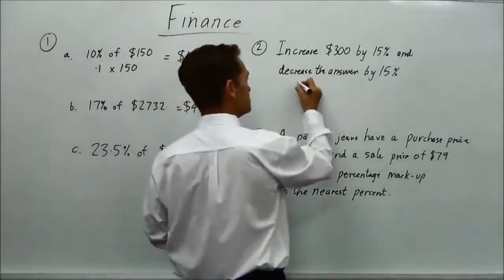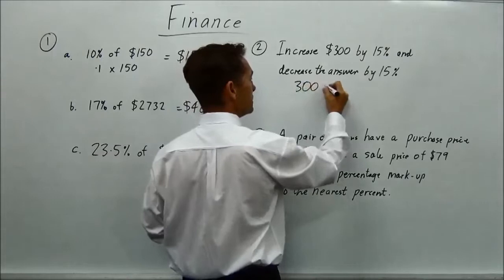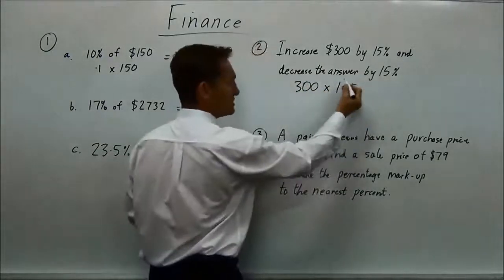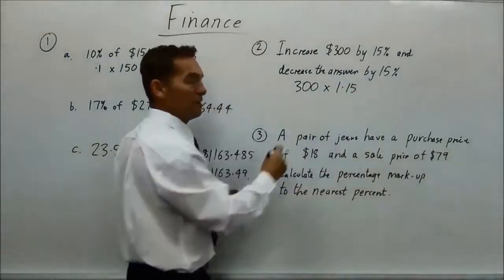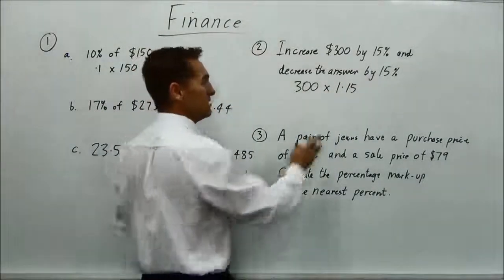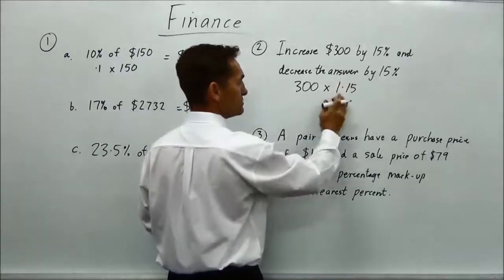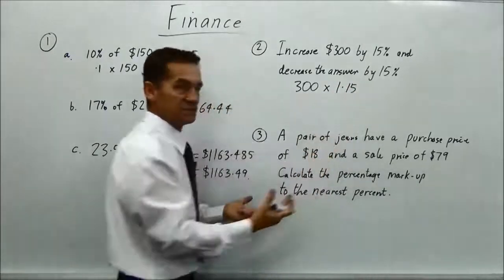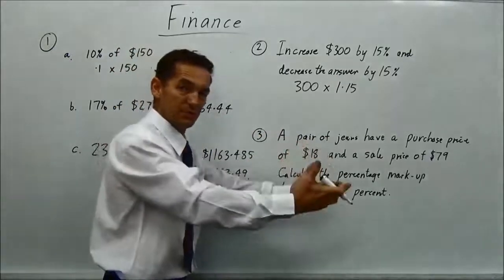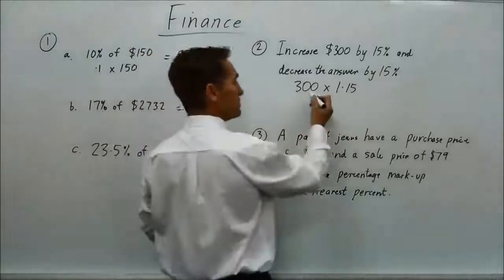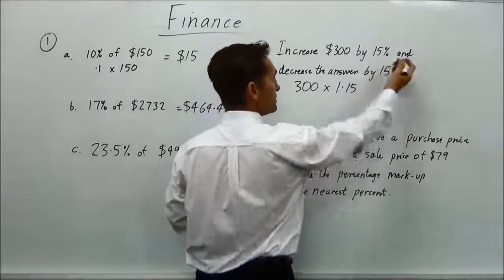What you should be doing is going, okay, 300 multiplied by 1.15, and this increases the amount by 15%. If I just said 300 times 1, well 300 times 1 is 300 because that's 100% of it. I want to increase it by 15, so I want to have 115%.